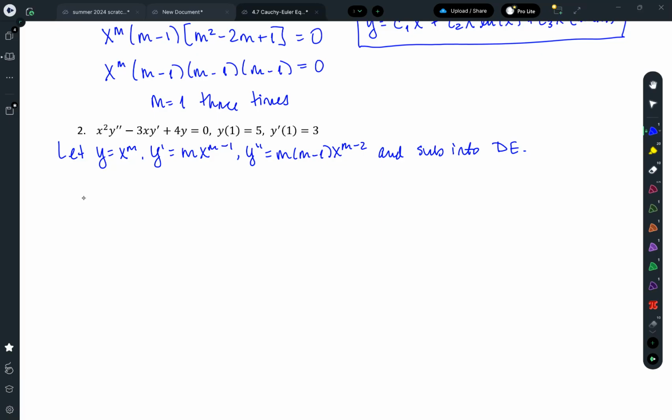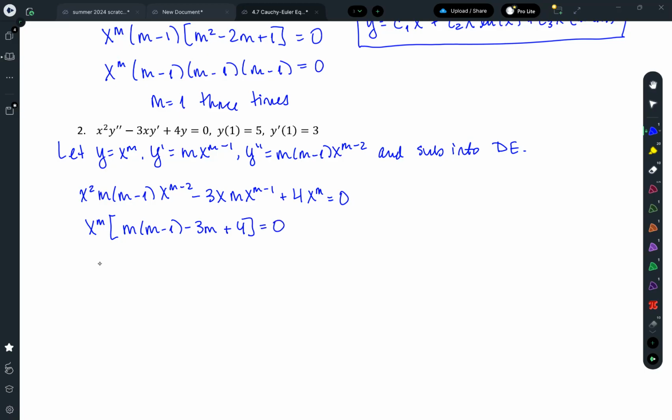When we do that, the first term becomes x squared, y double prime is m times m minus 1 x to the m minus 2, minus 3x, y prime is m x to the m minus 1, plus 4y, the y is x to the m, that's all equal to 0. Factor out the x to the m, it leaves behind m times m minus 1 minus 3m plus 4.